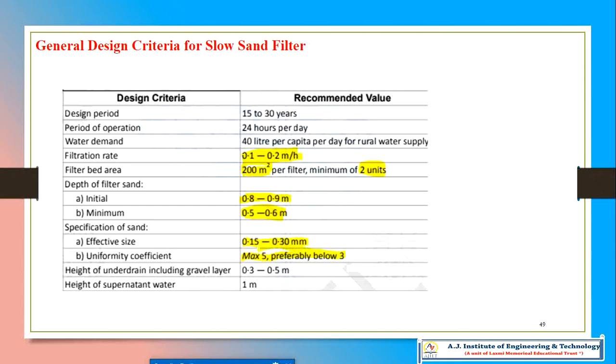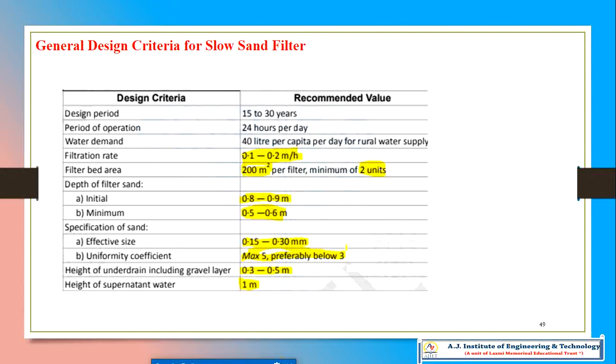This is about the size of the sand media particles. The height of the under drain including the gravel layer is 0.3 to 0.5 meter, and the height of supernatant water is 1 meter. This is the main concept of the general design criteria of the slow sand filter.